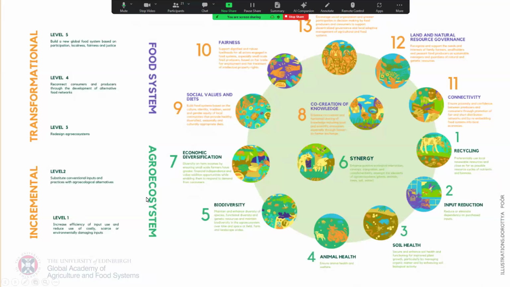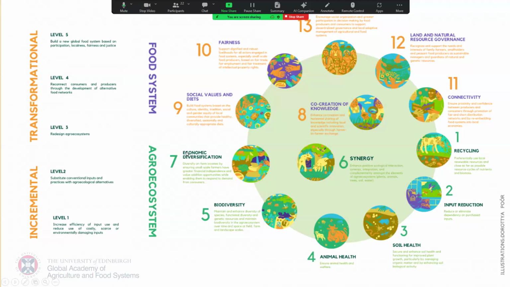For those of you who haven't heard about agroecology before, it's sometimes described as the ecology of the entire food system. And it's typically defined in terms of principles. So those might be ecological, socioeconomic, and political. And we have one example here on the screen at the moment of some of those principles laid out.